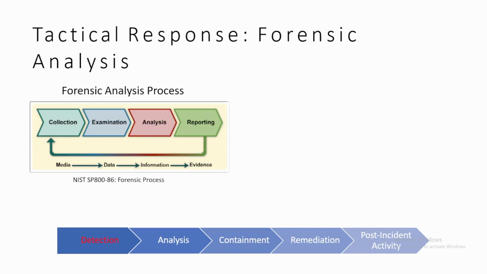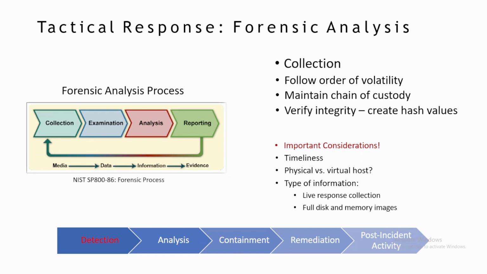After the containment, we have to move into the forensics analysis process. We need to collect the artifacts from the media, examine the data, analyze the information, and report the evidence. This is the forensics analysis process from NIST SP.